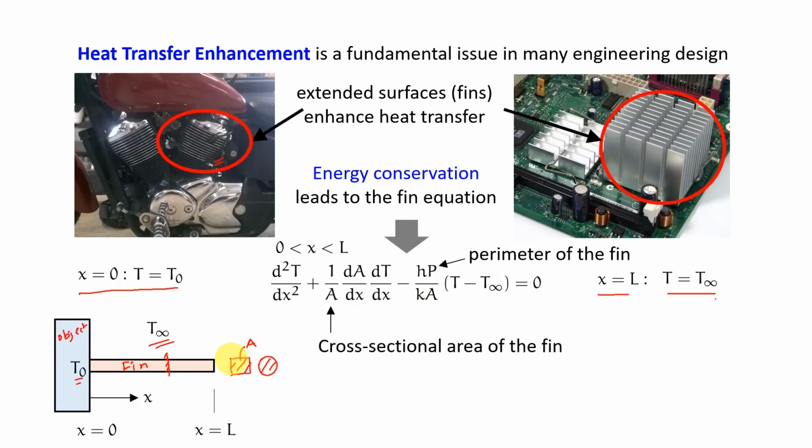So when I take a cross-section like this, if I take the perimeter of this section, that perimeter will be given by P. So the perimeter could be, if the cross-section is square, 4 times 1 side. If the cross-section is, let's say, circular, then the perimeter could be 2 pi multiplied by the radius of the circle.